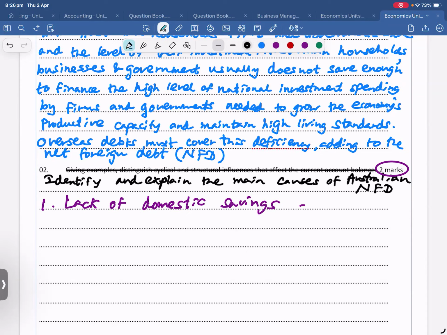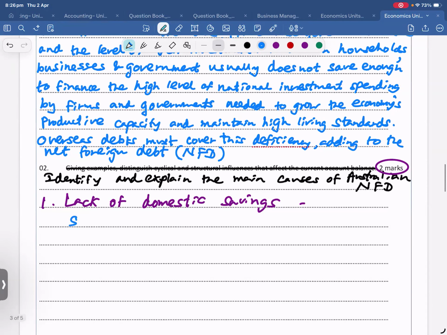That's what is happening here then, guys. As we discussed in the previous one, the savings investment gap. That means households, businesses, governments, they don't save generally. So as a result, this gap is created.